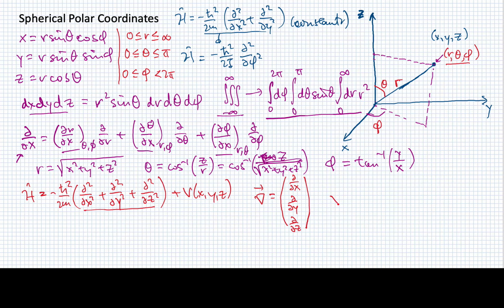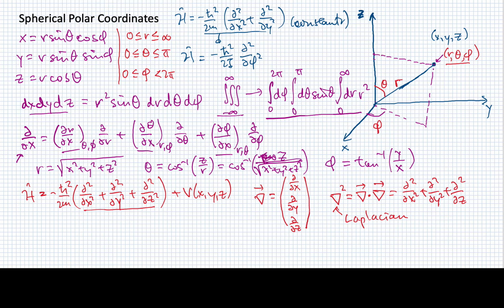And moreover, we define the square of this as 2 successive operations, a dot product between these 2 vectors, so that we get ∂²/∂x² plus ∂²/∂y² plus ∂²/∂z². All right, this operator occurs so commonly it has a name. It's called the Laplacian. And it's often this operator that we want to express in different coordinate systems.